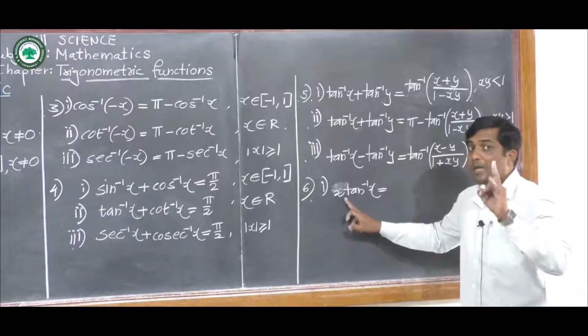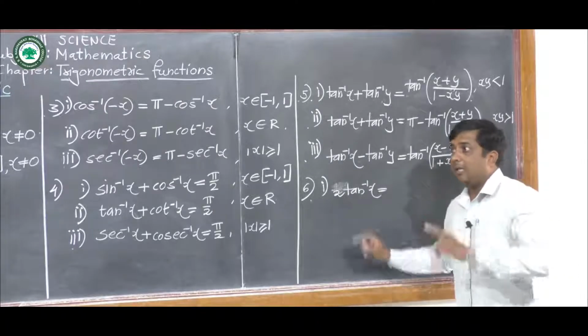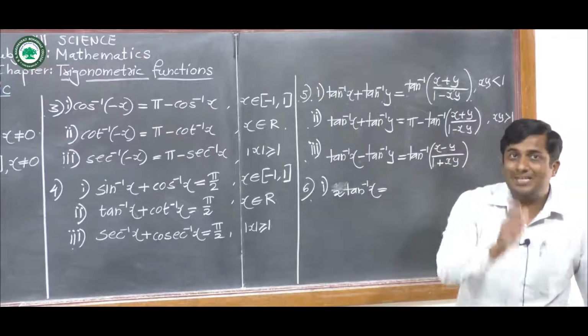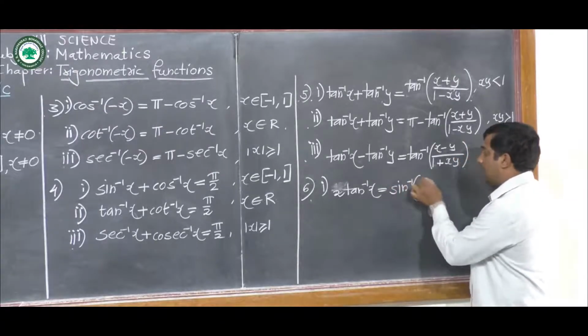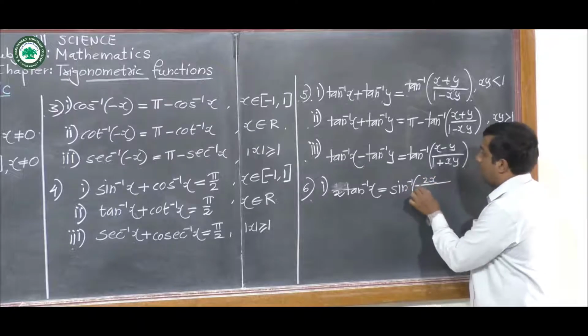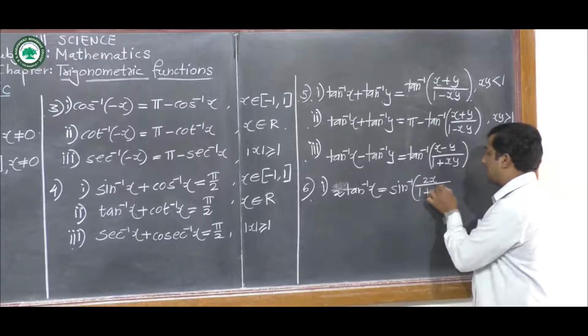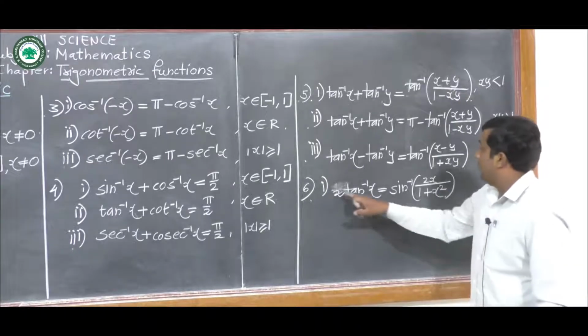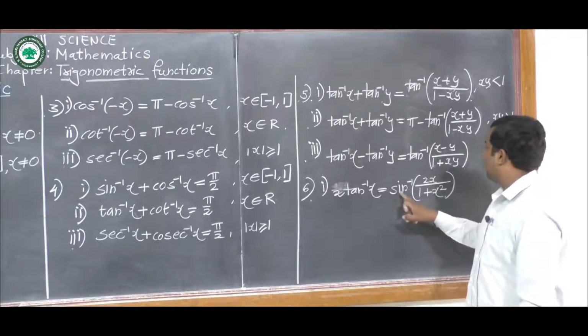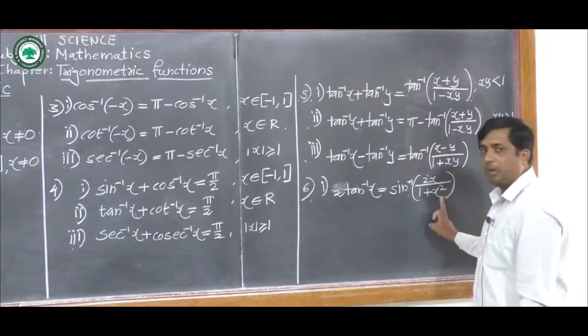Firstly, we define the property using sine inverse: 2 into tan inverse of x is equal to sine inverse of 2x upon 1 plus x square.